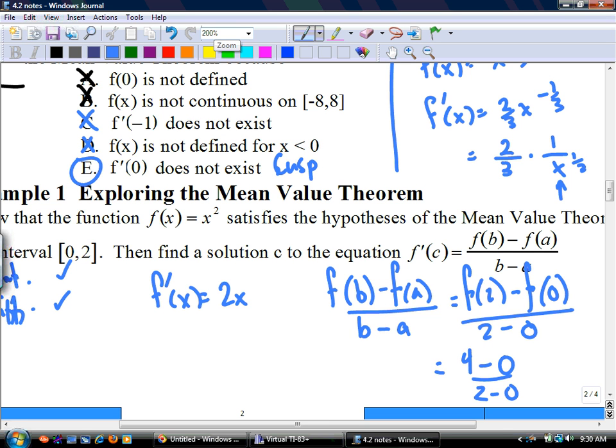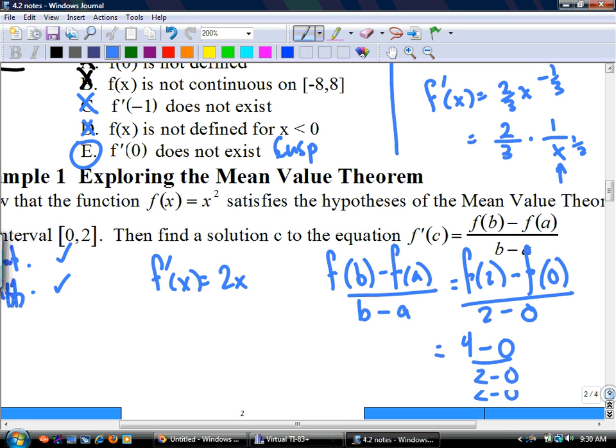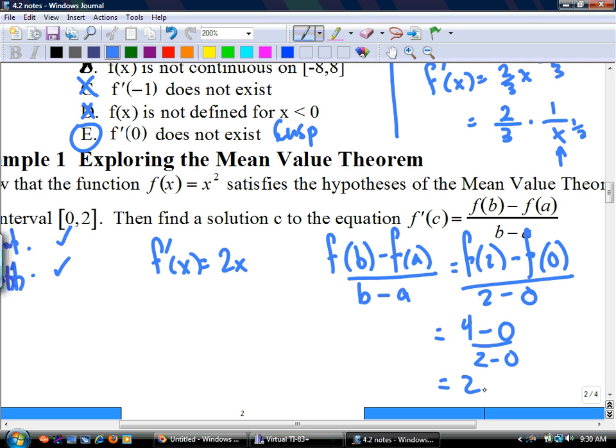Now what? So 2. So 2x equals 2. Solve for x. There you go. So what's c equal to? 1.